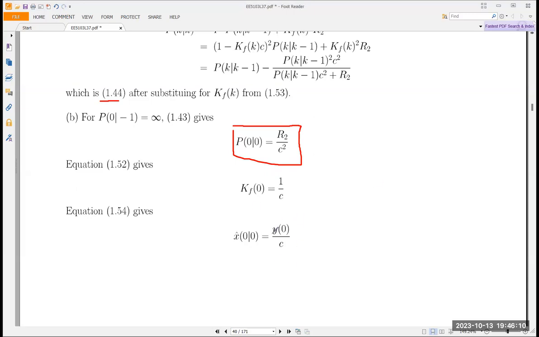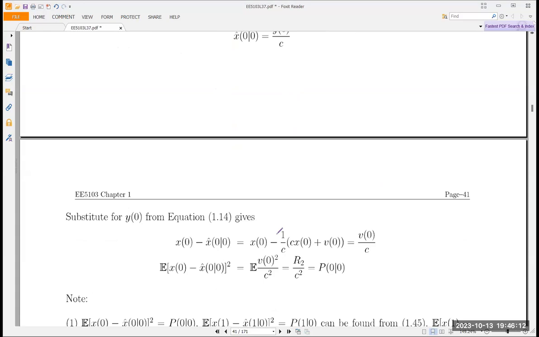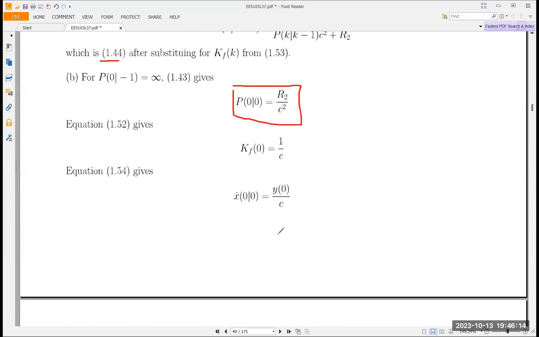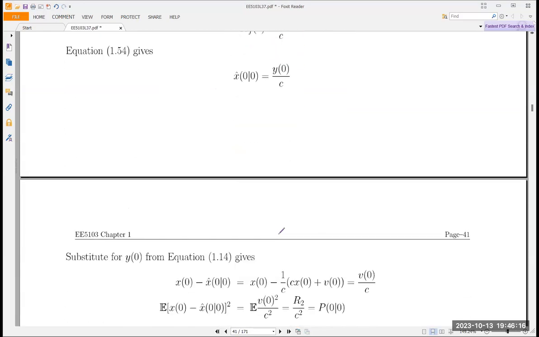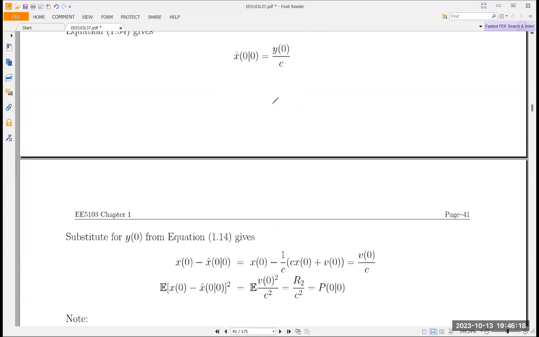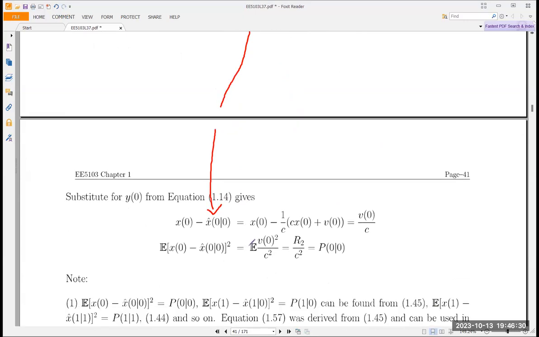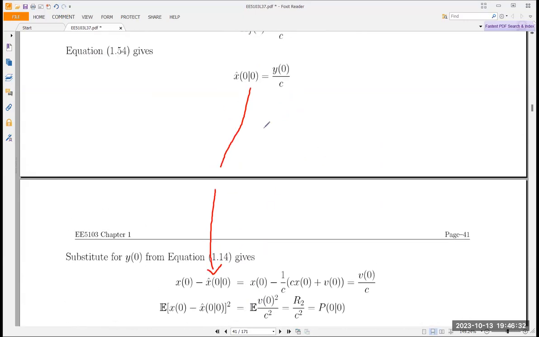All right, Y over C. So now, okay, ready? You got this. So you stick it inside here. You stick that inside here.